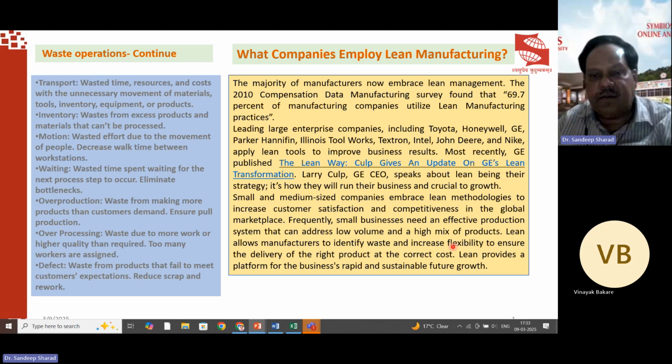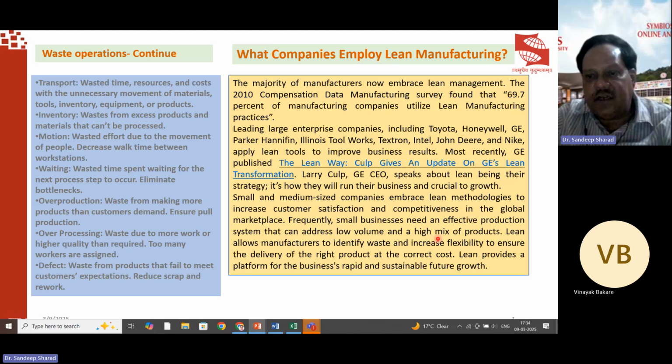Most recently, GE published The Lean Way. Culp gives an update on the GE lean transformation. Larry Culp, GE CEO, speaks about lean being their strategy; it's how they will run their businesses and is crucial to growth. Small and medium-sized companies embrace lean methodologies to increase customer satisfaction and competitiveness in the global marketplace.